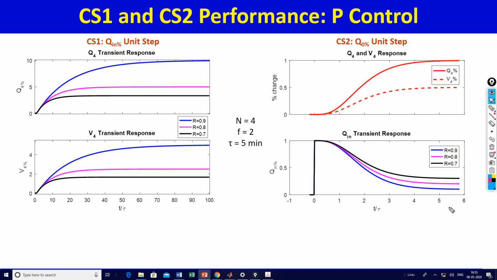Here are the responses when using a P only controller in the first figure, and you can see the transients are exponential, but what you do notice is as the recycle fraction is increased, the response takes longer to complete. The blue curve takes about 70 time constants to complete. The magenta curve takes maybe 40, and the black curve, which is R equal to 0.7, takes about 20 time constants to complete.